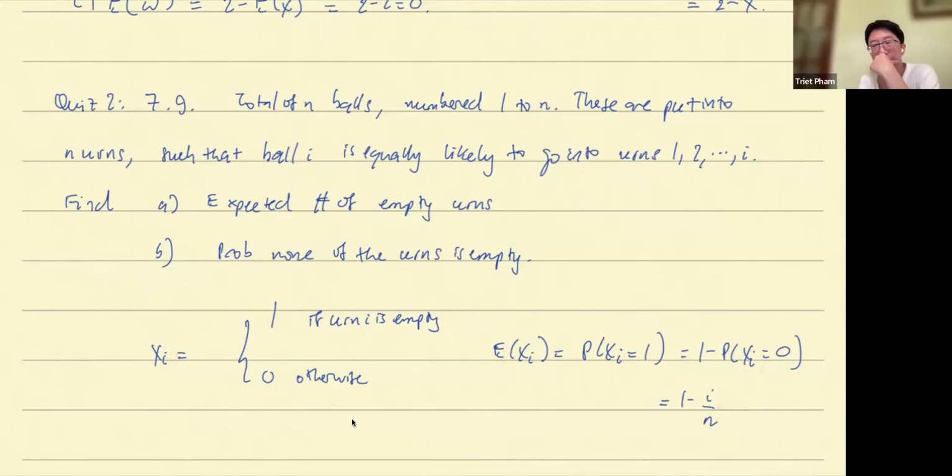I think this might be correct, but what's the reason? Why is the probability something is in urn i equal to i over n? How do you do that calculation?